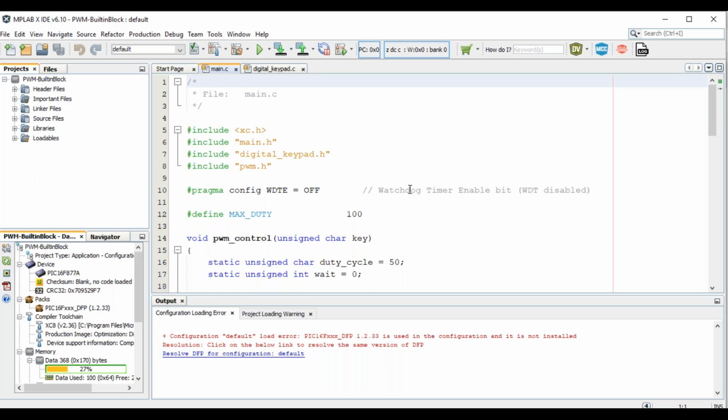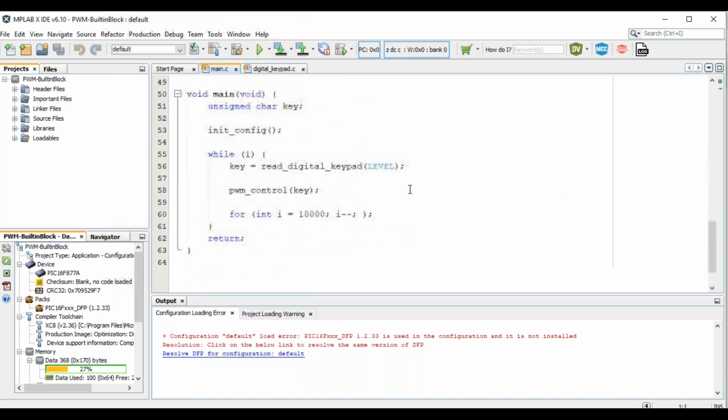Whenever we generate the modulated waveform with the help of the bit banging method, after the pulse width modulated waveform is generated, if we have some other logic to execute, here just to show you, I have a blocking statement, but assume there are some other statements to be executed after the modulated waveform has been generated. When we have certain other operations to be performed, this modulated waveform gets disturbed if there is some other operation to be performed afterwards.